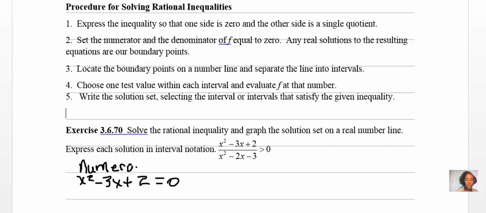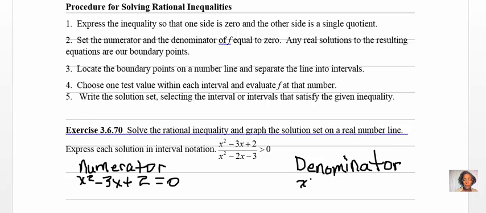So any real solutions that we get from here are going to be boundary points. And we also need to set our denominator equal to 0. In this case, our denominator is x squared minus 2x minus 3, and we set that equal to 0.